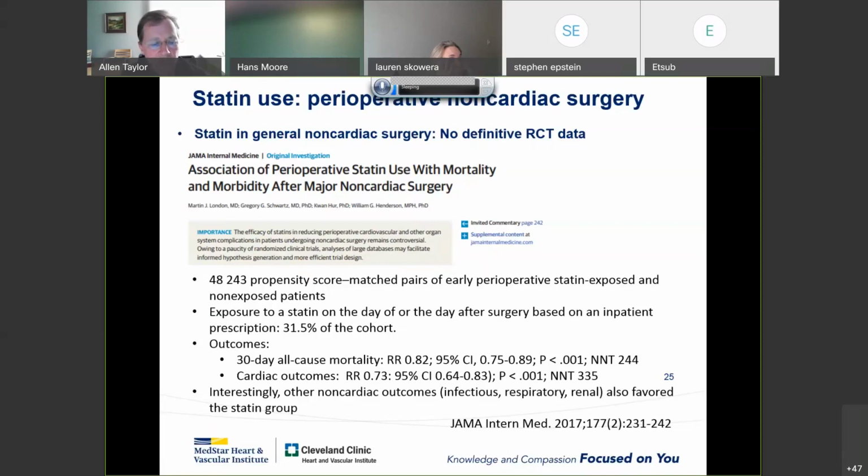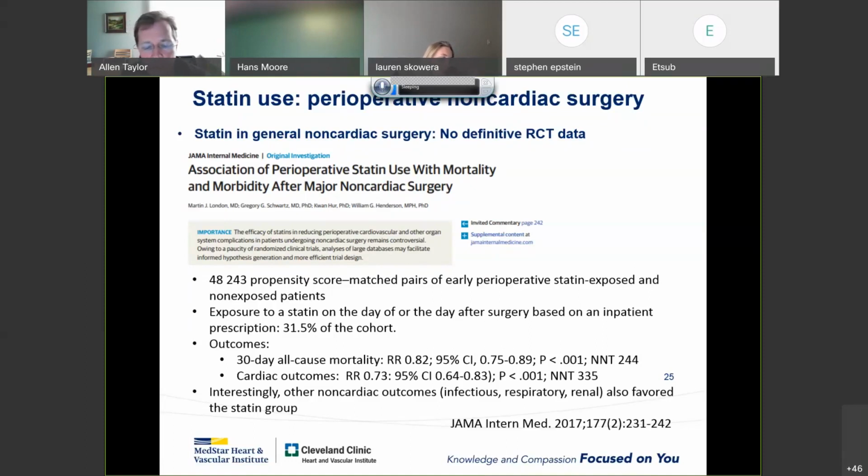It was a study of about 48,000 patients, of whom 31% had received statins, and they created a matched cohort for analysis. And they showed that there was an association of statin exposure to lower rates of all-cause mortality and cardiac outcomes with a relative risk of 0.73.